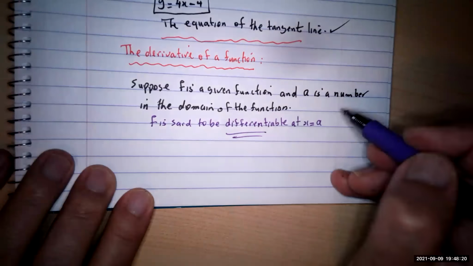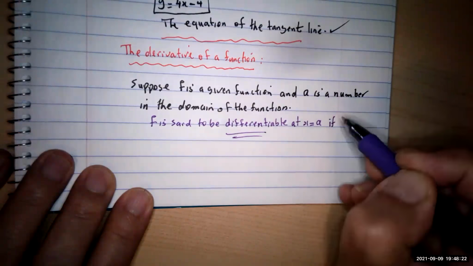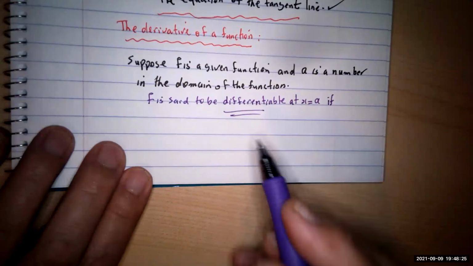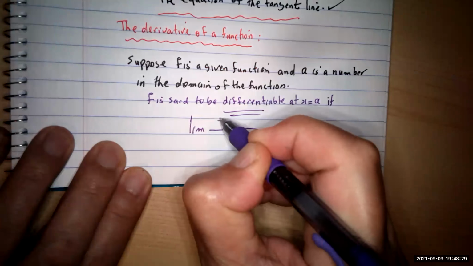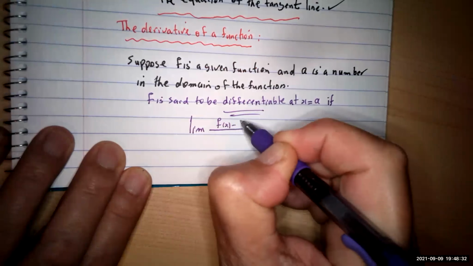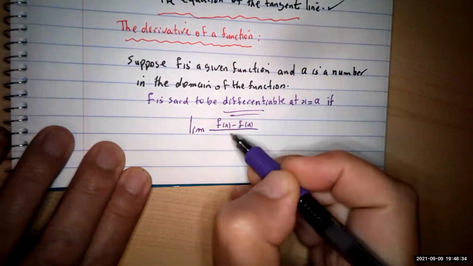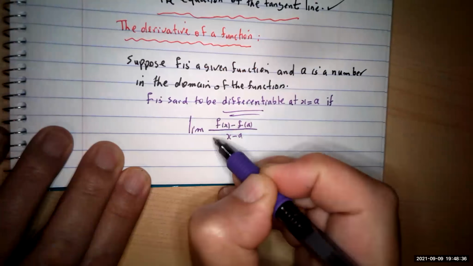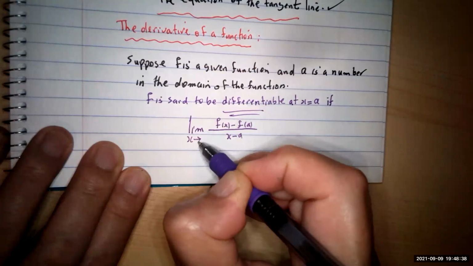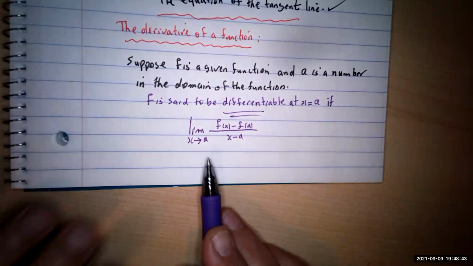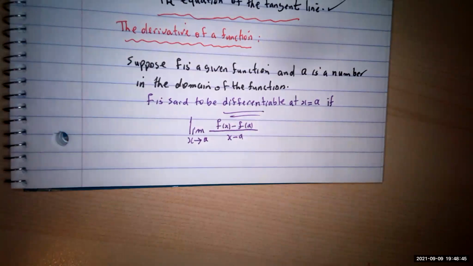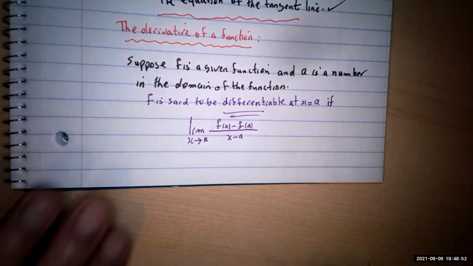It's going to be differentiable if this limit exists. This is just the slope of a secant line. If the limit of f of x minus f of a over x minus a, when x goes to a, exists. You see, this quotient is the slope of a secant line. And remember, when you take the limit, that limit gives you the slope of a tangent line. So we say f is said to be differentiable at x equal to a if this limit exists.